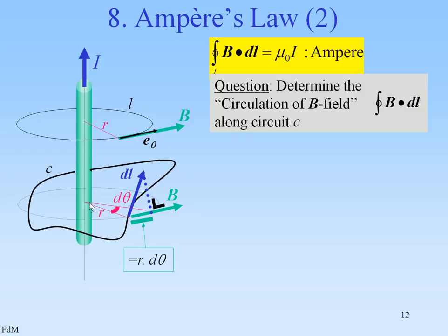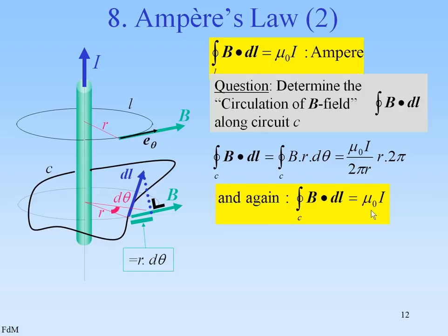Looking at the radius r of the circle, we can write for the circulation the integral over C of B times r d theta, which is mu naught I over 2 pi r times 2 pi. And again we find the law of Ampere also for that arbitrary circuit.